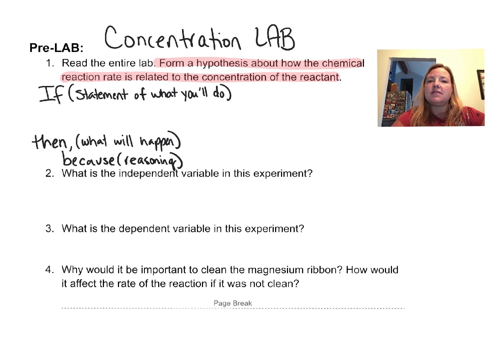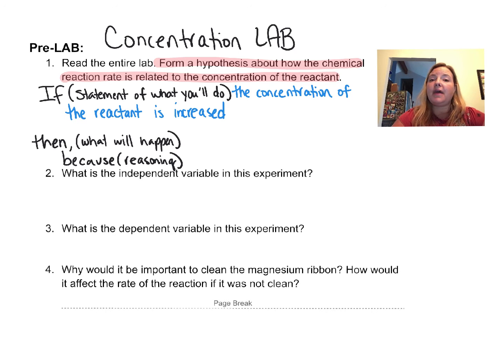So for this particular hypothesis, we would want to say, if we increase the concentration of our reactant, then the reaction is going to happen, and we would fill that in with either faster or slower. And then we would explain why and what the reasoning is.